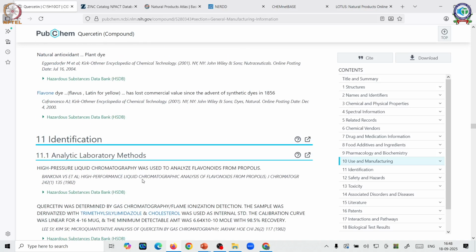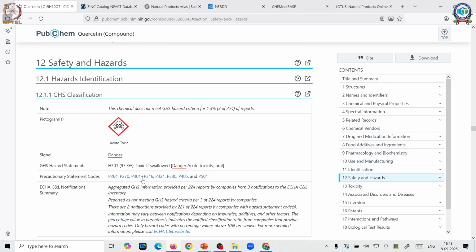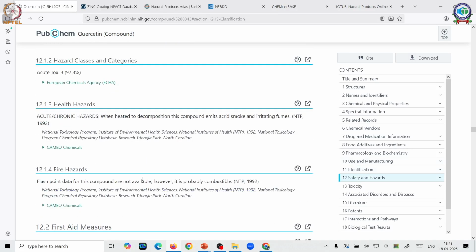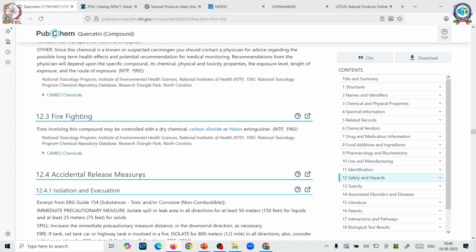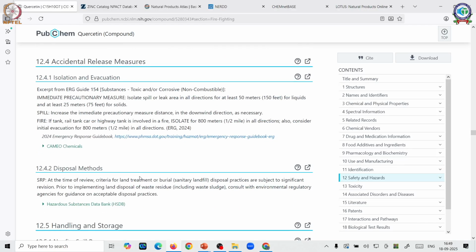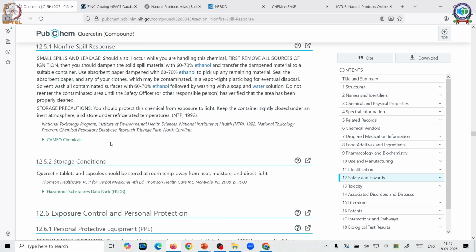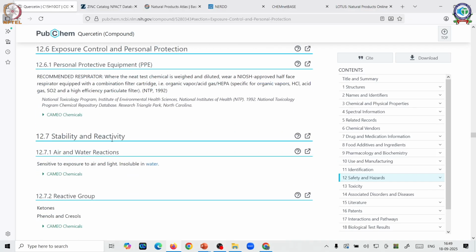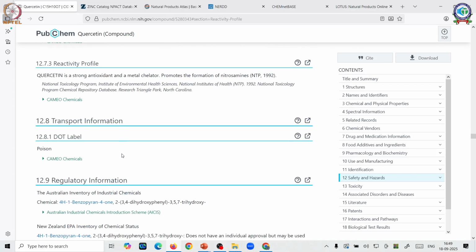Formulations, manufacturing information, then you can have your laboratory safety, hazard categories. Like I said, your MSDS data is also partially here. Then what do you do in case of accidental release when you are exposed to it? The storage condition, stability, is the molecule stable or not?